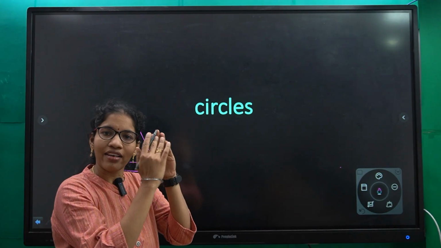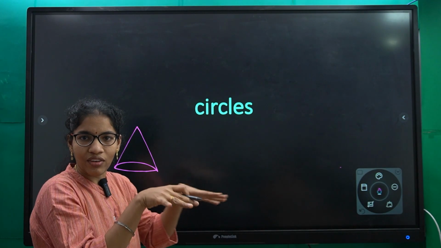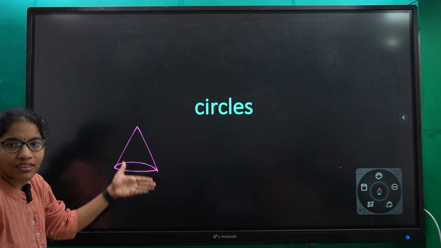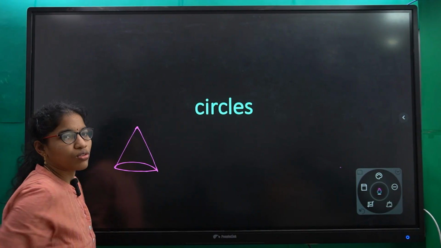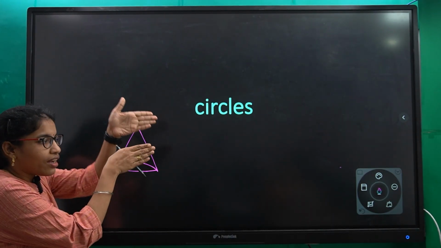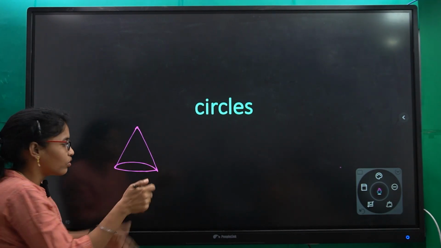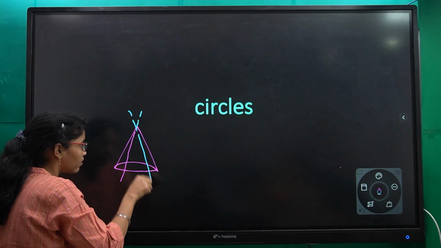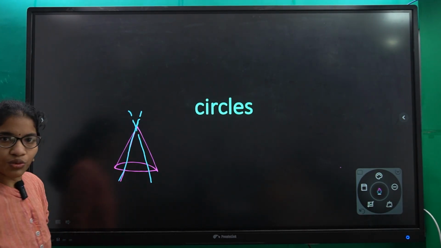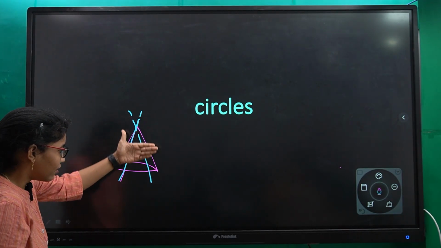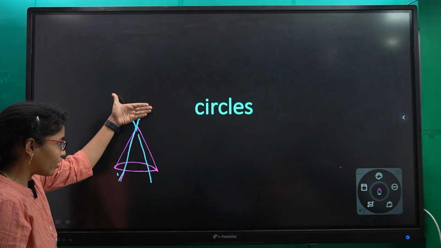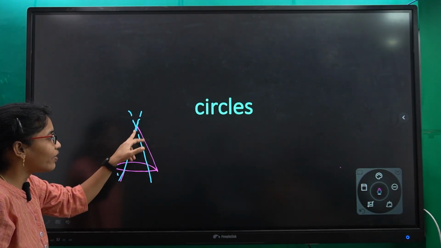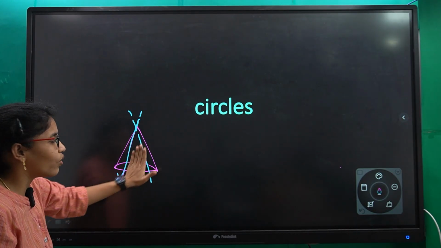You can assume any ice cream cone or any birthday cap, a conical shape. If I cut this cone through this apex, so this is the apex, right? Through that apex, if you cut the cone like this, this part is removed, and we get a cone like this.